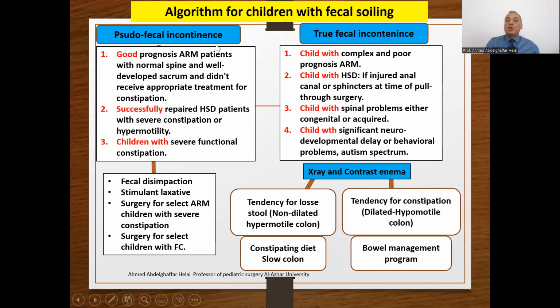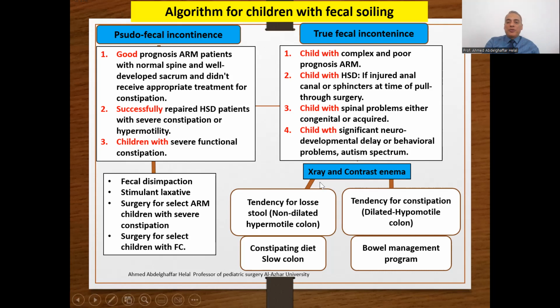However, on the other hand, pseudo-fecal incontinence: you will see a good prognosis anorectal malformation patient with normal spine, well-developed sacrum, however, didn't receive appropriate treatment of constipation, or successfully repaired Hirschsprung with severe constipation or hypermotility, a child with severe functional constipation. So this is very important to put in your clinic, that we may have a true and we may have a pseudo.